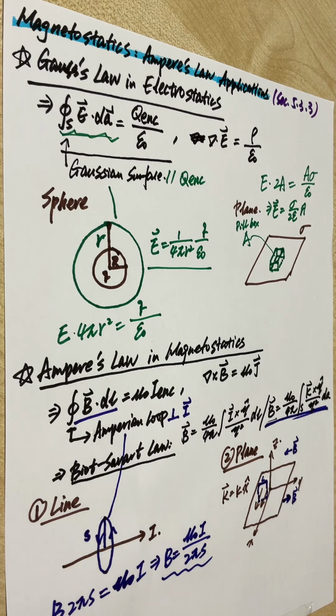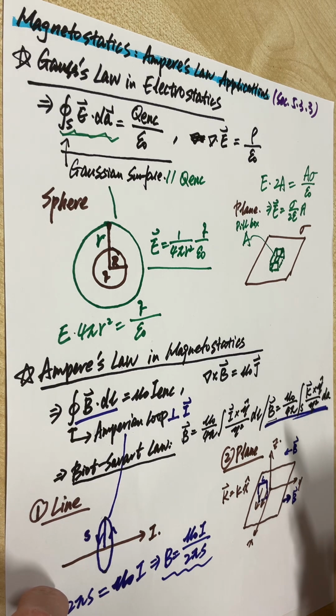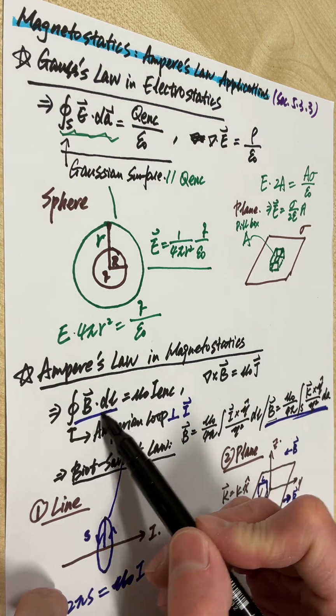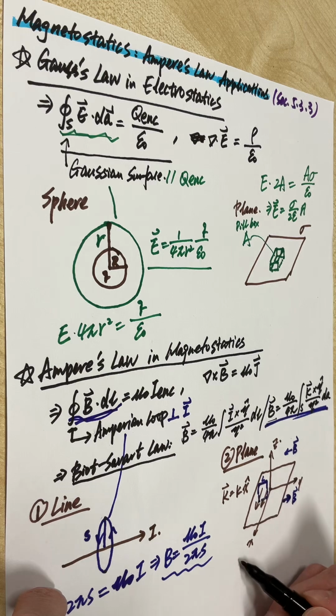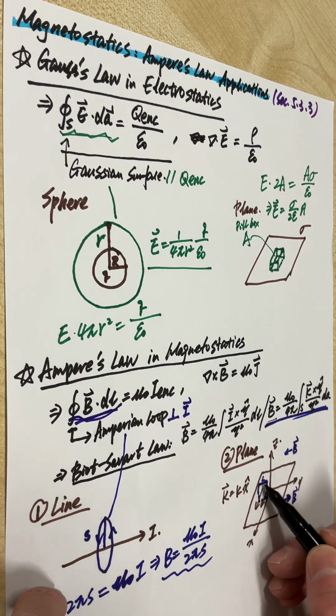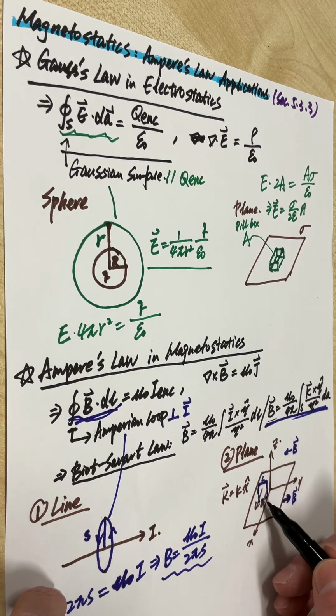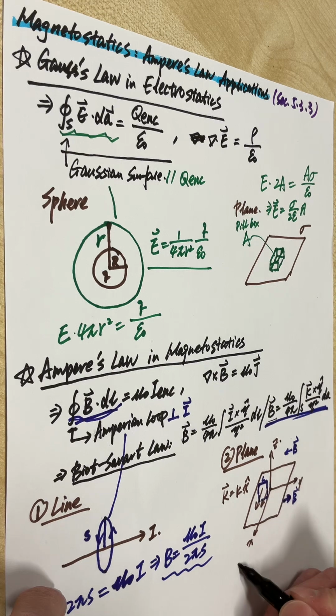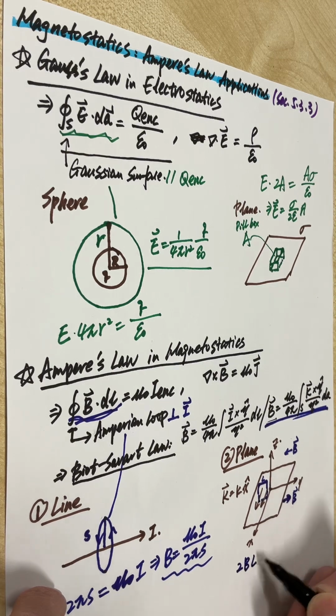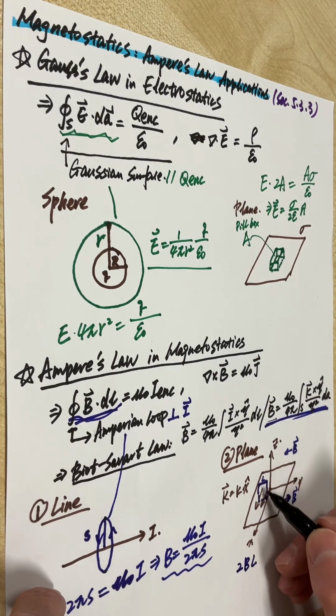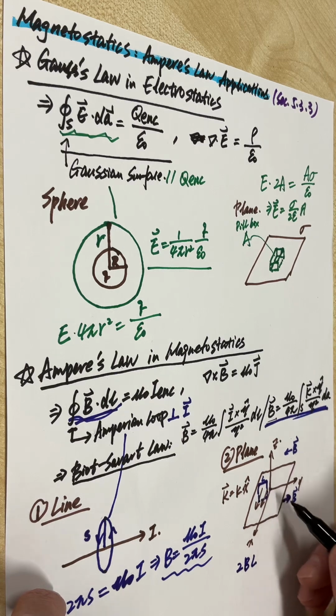So we can calculate this by Ampere's law. On the left hand side, we have B above the plane and B below the plane, so we have 2BL along this loop. The thickness is infinitesimally small.